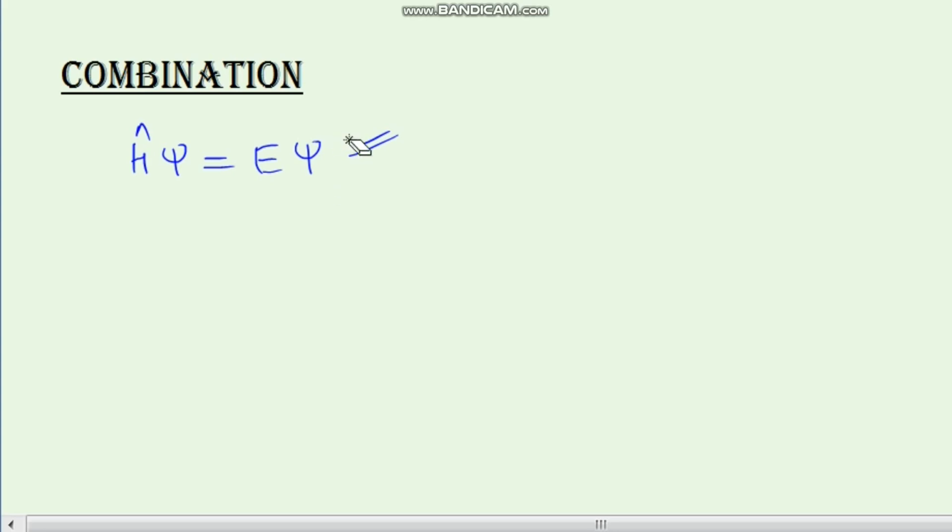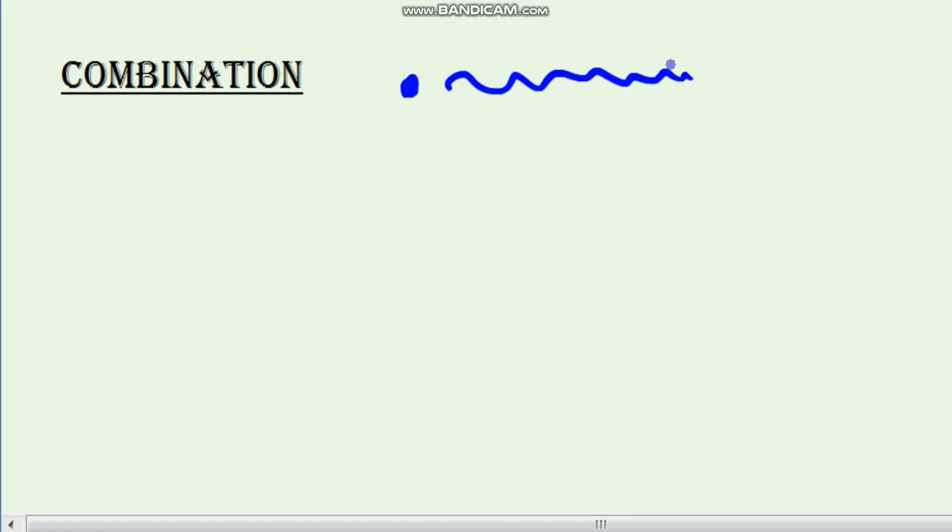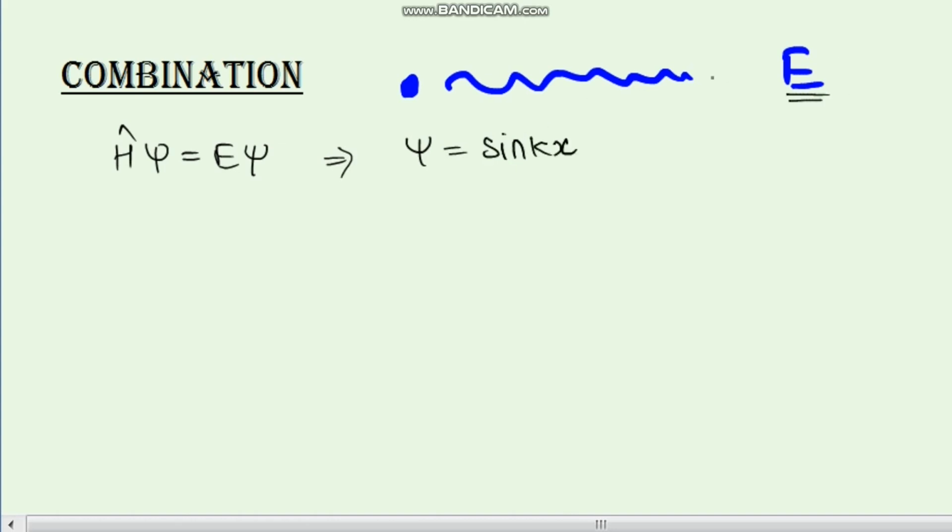But hear me out. First of all, suppose you have an equation. Let's start with a particle, that's always better. This particle is moving in some way and has energy E, and you find from your equation h cap psi equals E psi that the energy was such that psi came out to be sine kx.